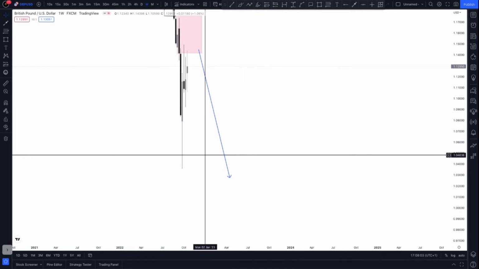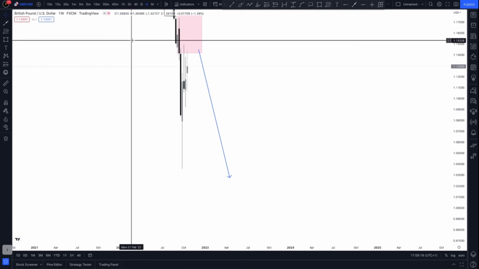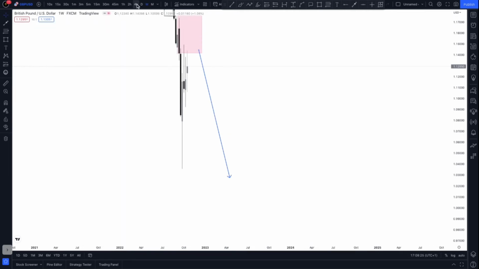So if the dollar DXY is currently buying other pairs like GBP USD, Euro USD, NZD USD, AUD USD, Gold USD, XAU USD will be very, very bearish. That's going to be taking our structure to the downside. So that's one thing you should always remember. The trend is your friend until the trend changes, alright? So you have to flow with the trend until it changes. That's what I always say in my videos.